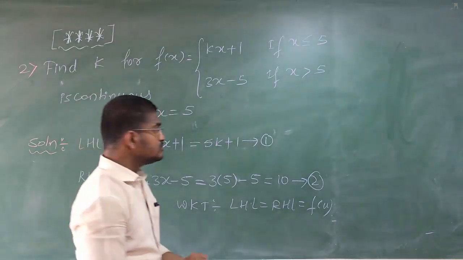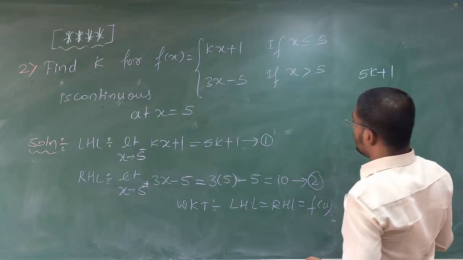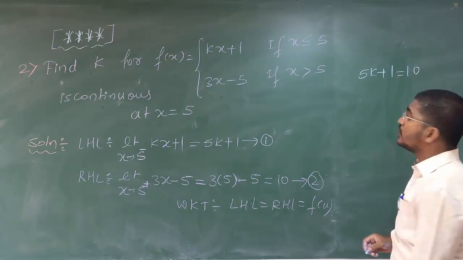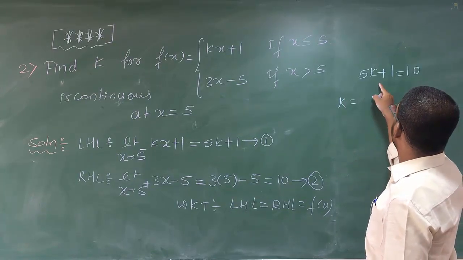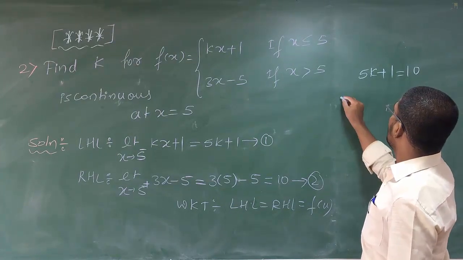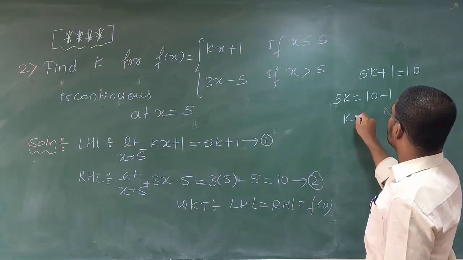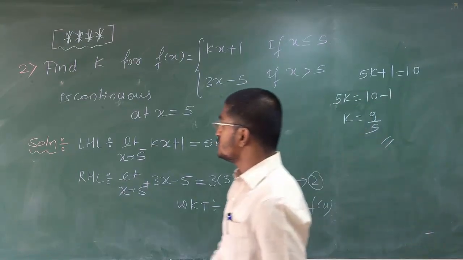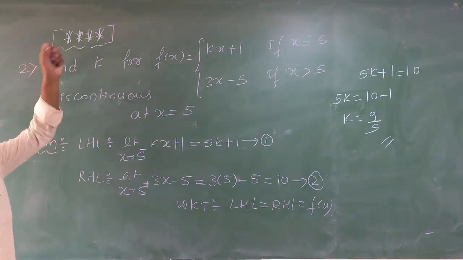Use this. LHL is 5k plus 1. RHL is 10. Clear? So 5k equal to 10 minus 1, k equal to 9 by 5. So this much is enough to write in your exams for this.